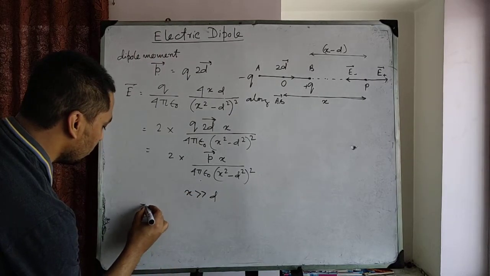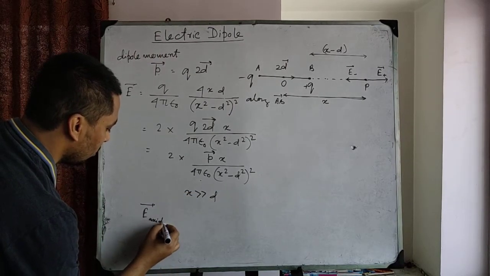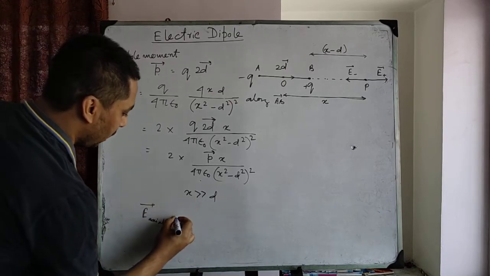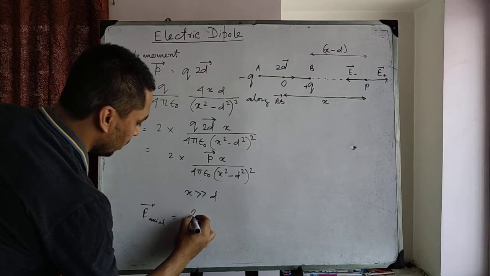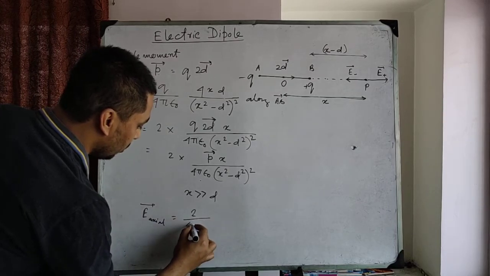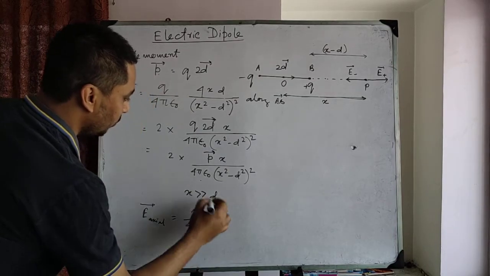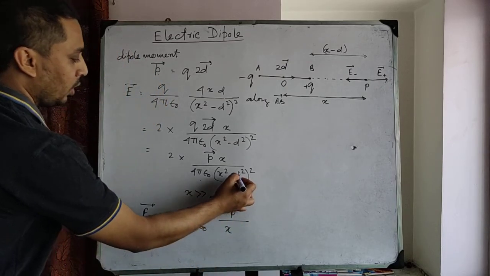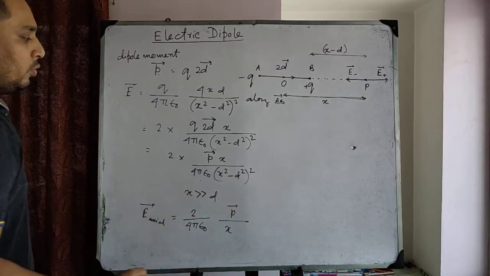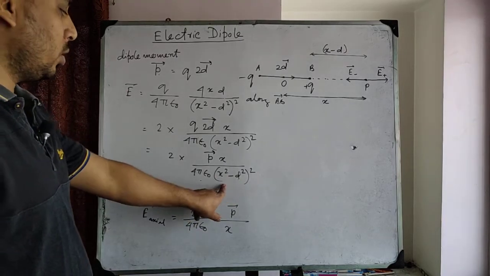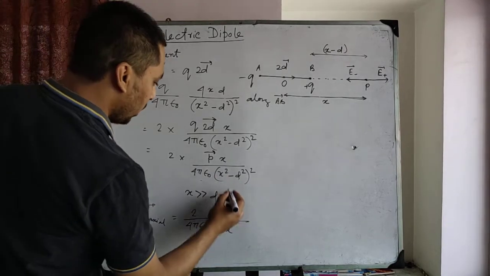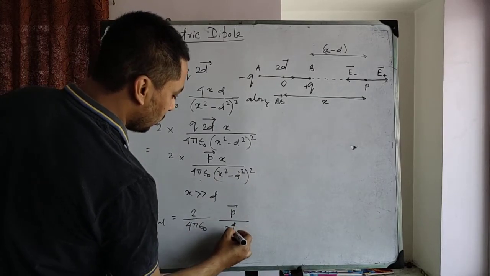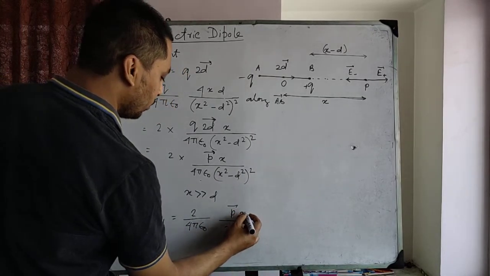So E axial equals 1 by 4 pi epsilon naught, and as we have neglected d square in comparison with x square, we have x square whole square, which is x to the power 4.